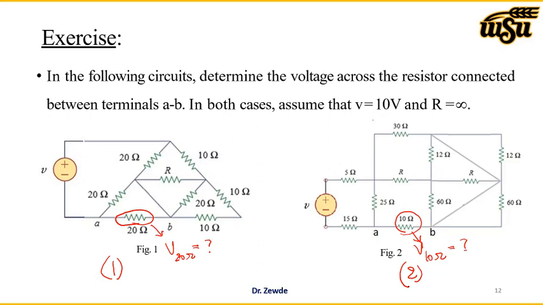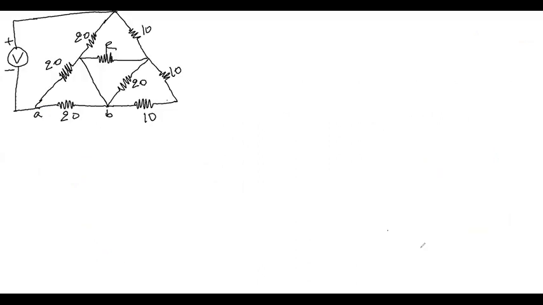For the first network, let me redraw the circuit. Now, in order to find the voltage between terminal A and B, or the voltage across this 20 ohm resistor, first we need to simplify the network.